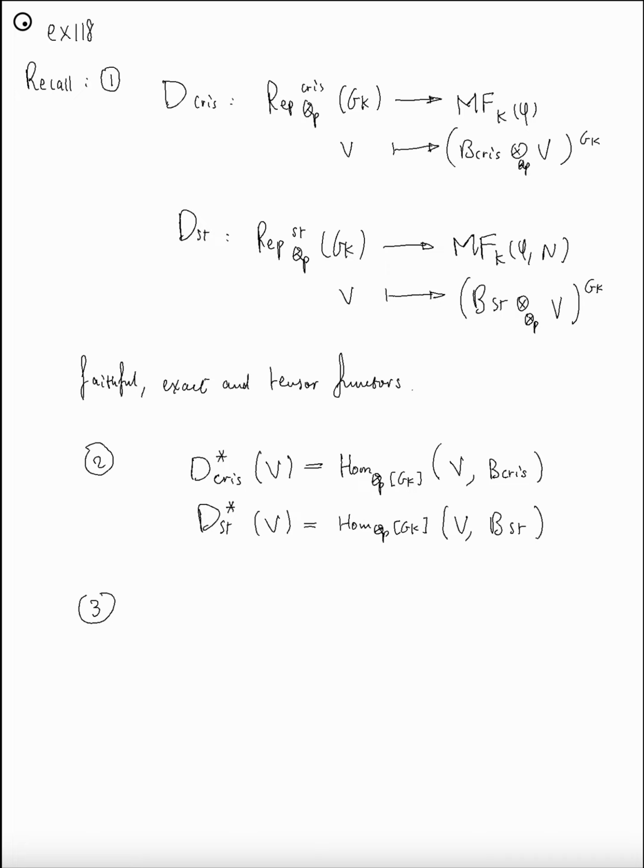Further recall, a p-adic representation V is called crystalline if and only if the dimension of D_cris(V) as K_0 vector space equals the dimension of V over Q_p.